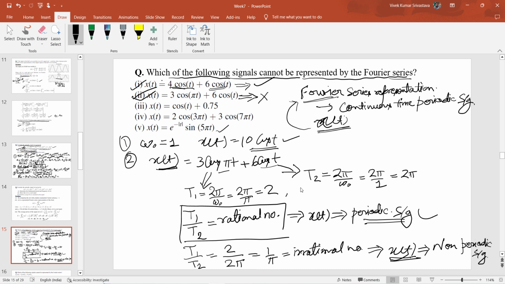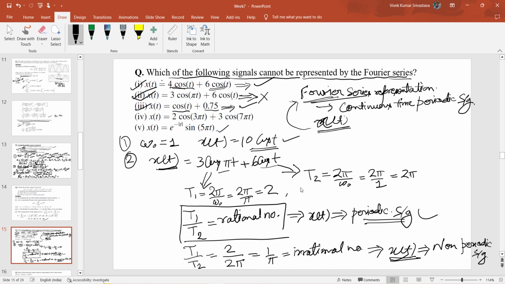Similarly, this signal x of t is nothing but addition of a periodic signal with a constant, so this is also a periodic signal, hence we can represent x of t in terms of Fourier series.